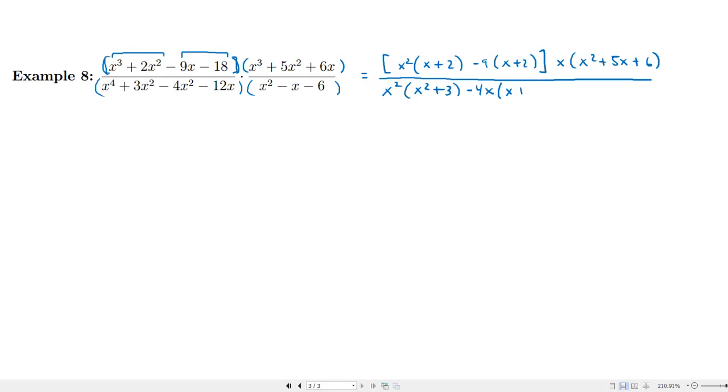So just going back, let's change the tactic a little bit. Notice that we definitely actually had a common factor of x in all of these terms, so we can factor that out first. So let's factor out an x, and we'll have x cubed plus 3x squared minus 4x minus 12.